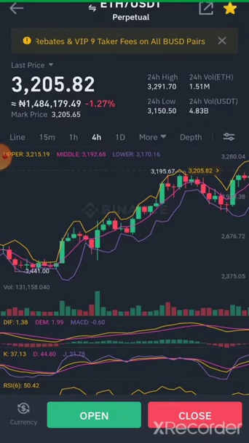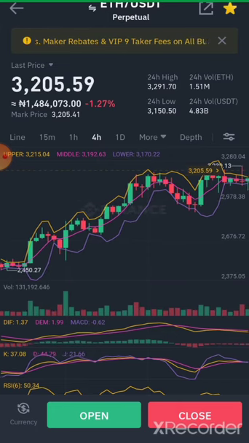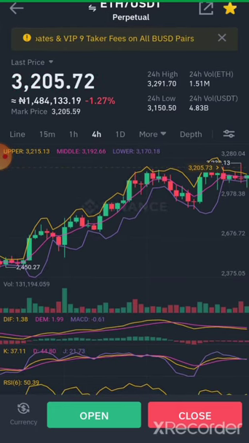If that happens, you as a trader should be looking for a way to short the market.